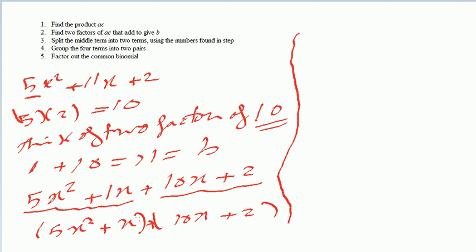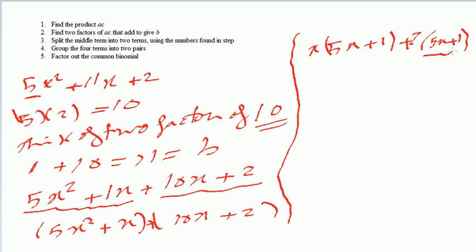What is the common factor here? It's x. So x multiplied by 5x plus 1, plus. What's the common factor here? Yeah, you guessed it. It's 2, multiplied by 5x plus 1.